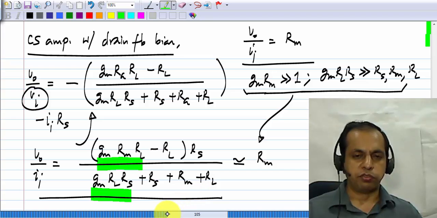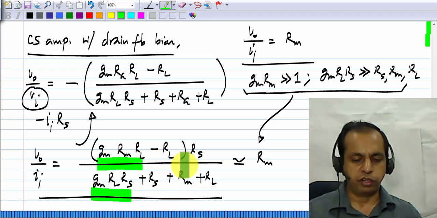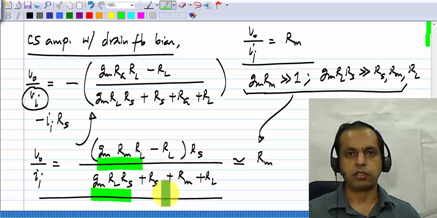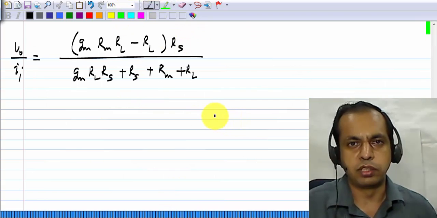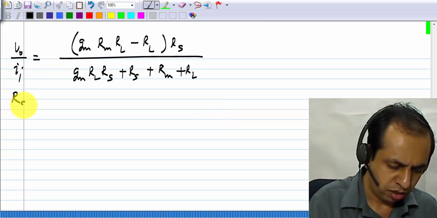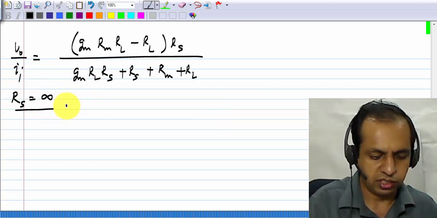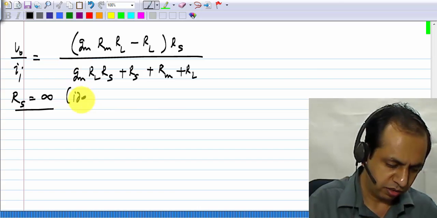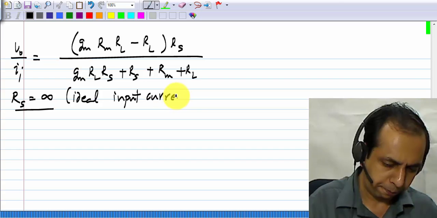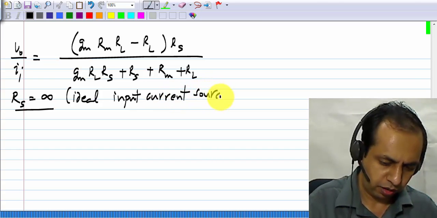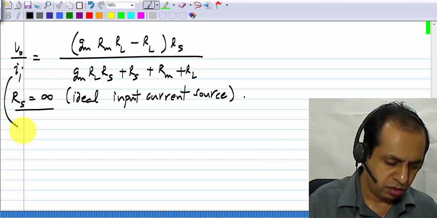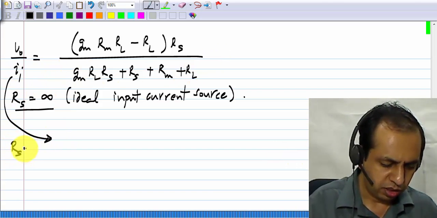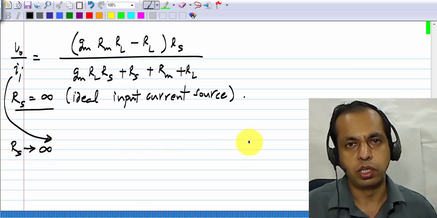So this is the expression for V naught by Ii. We will simplify it in different ways and see what comes out of it. So first of all, if it is driven with an ideal current source, that is Rs equals infinity, then what happens? I have to evaluate this expression in the limit Rs tending to infinity.